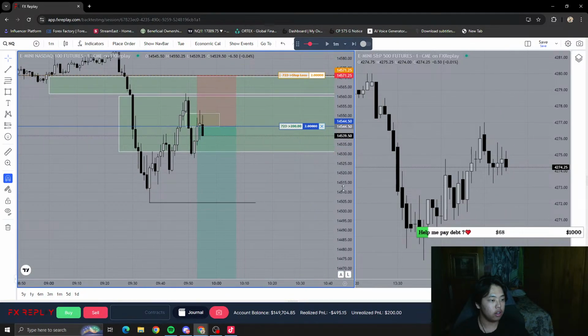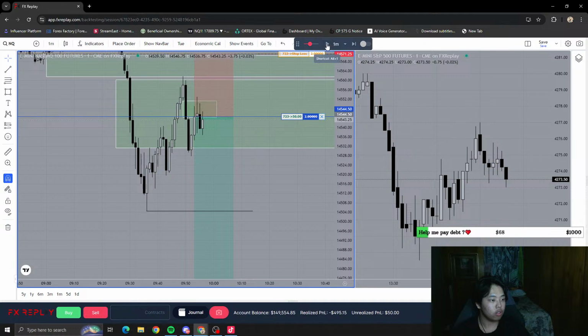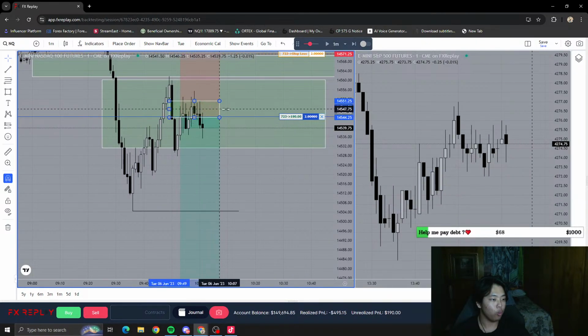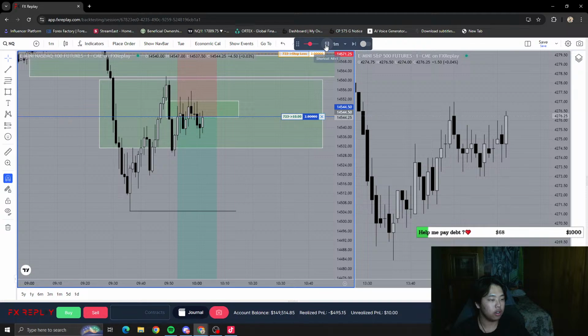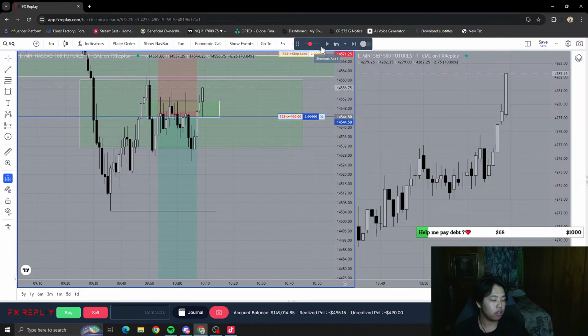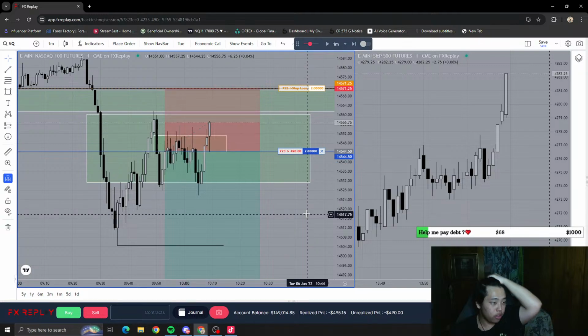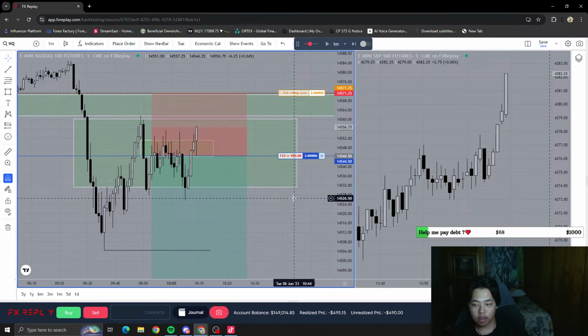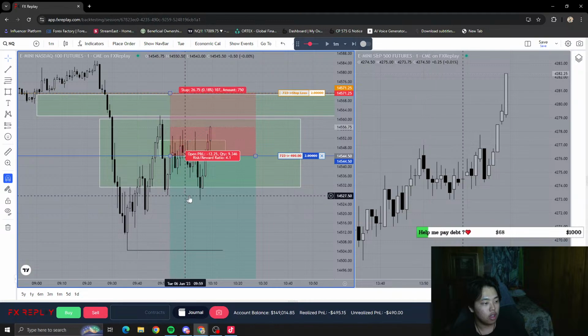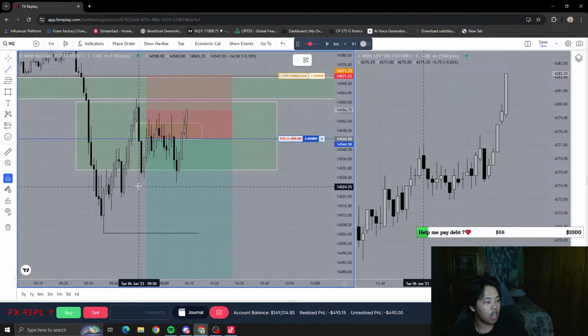Respecting it so far. We're wicking very hard here. Okay, so we ran through this imbalance. Now I'm in the swing before the market shift. But dude, the RR is just not here for me, bro.